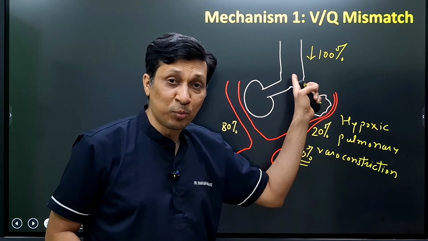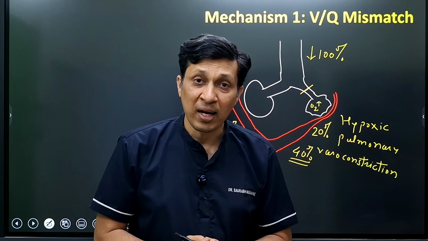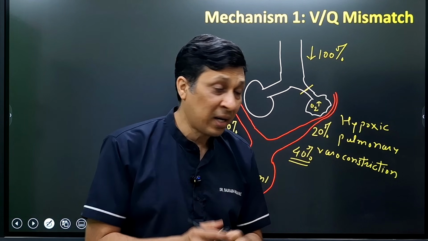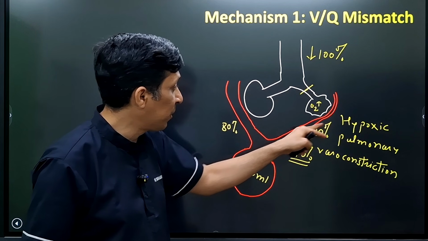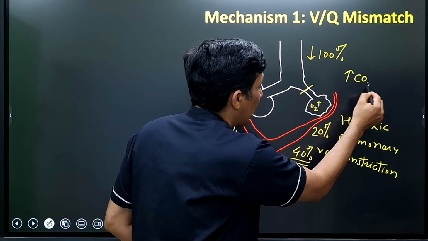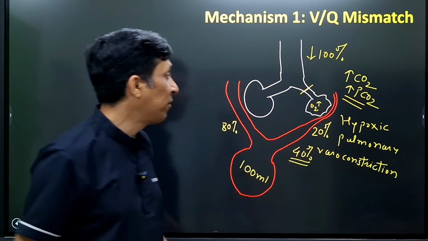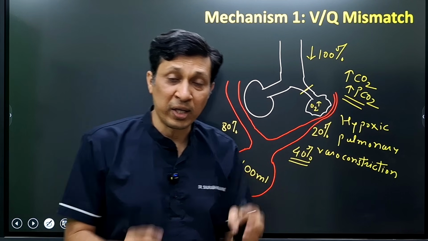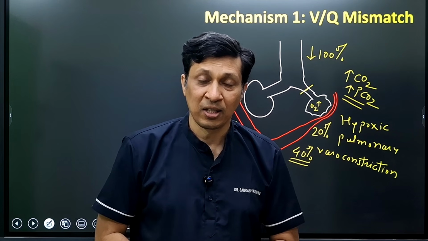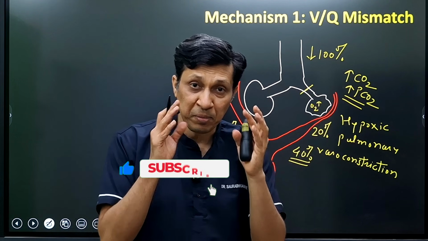But since the lung is poorly ventilated because of the obstruction, though the oxygen in the alveoli is normal, the exchange of CO2 is not normal, and hence the blood coming out through this area will have more CO2, an increase in the pCO2. This is the main reason why, when we give increased oxygen to a COPD patient, there is a rise in carbon dioxide levels. So this is the main mechanism, that is ventilation perfusion mismatch.